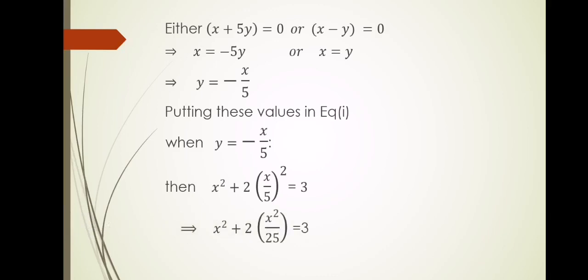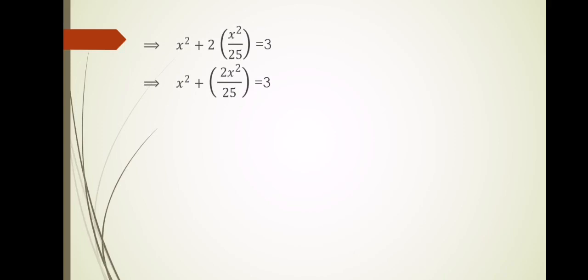since the square of the negative term is the positive one, we will be having x square plus 2 into x square divided by 25 is equal to 3. Multiplying 2 to the terms inside the bracket, we just get x square plus 2x square divided by 25 is equal to 3. Multiplying 25 on both sides, we just get 25x square plus 2x square is equal to 75.